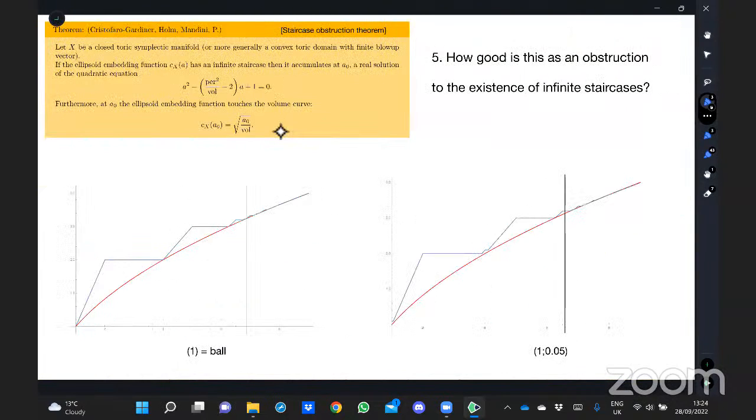Okay, I'll skip ahead to how good this is as an obstruction to the existence of infinite staircases. All right, what do I mean by this question?